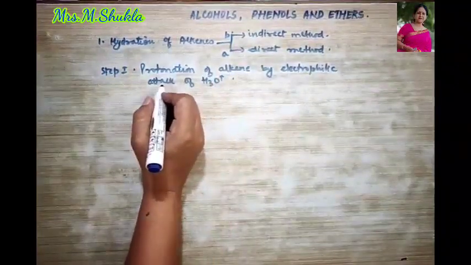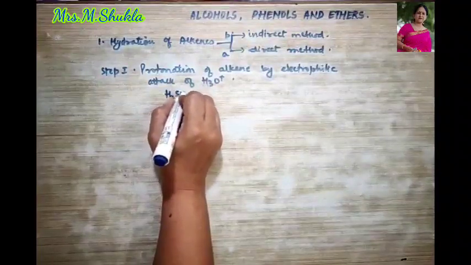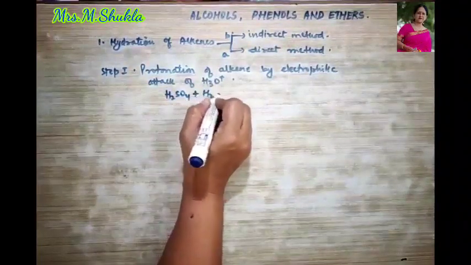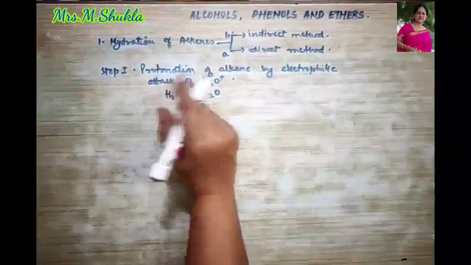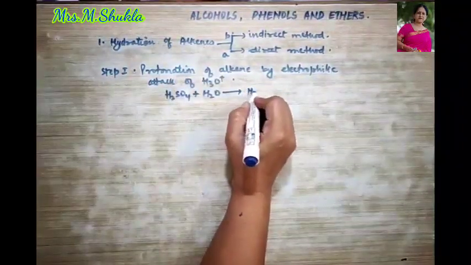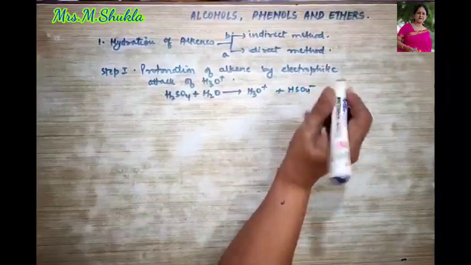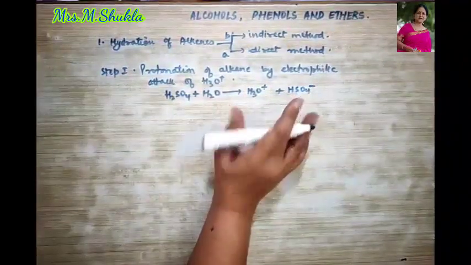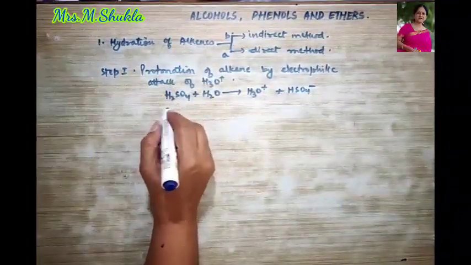Firstly, how is the hydronium ion formed? When we add water to any acid, we form hydronium ion. This is clear.